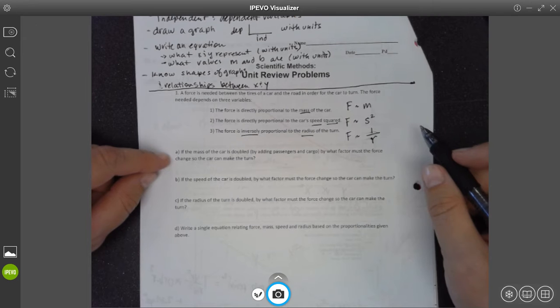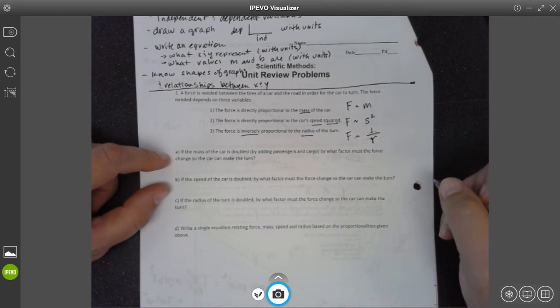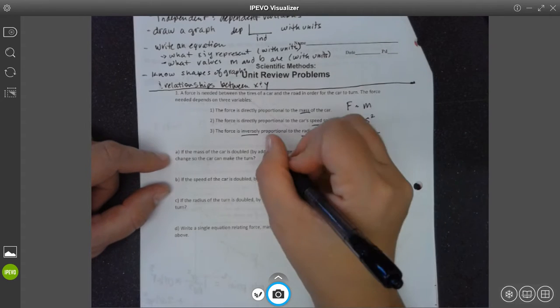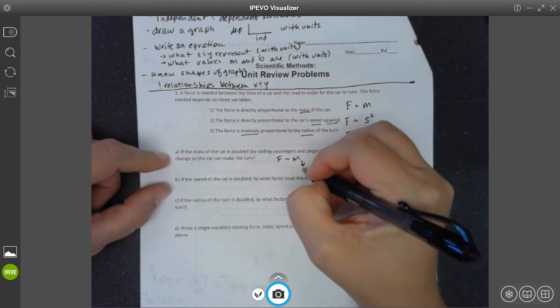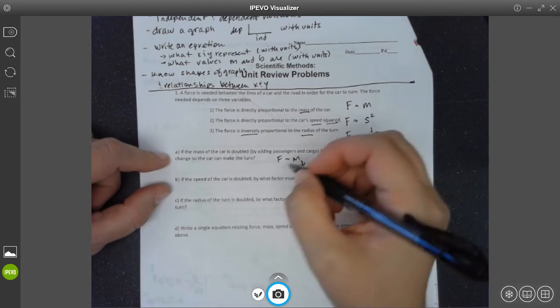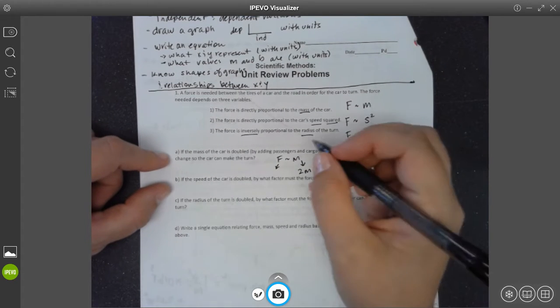So part A says, if the mass of the car is doubled by adding passengers and cargo, by what factor must the force change so the car can make the turn? So if we know that force is proportional to mass, and we're going to double our mass, that means we're also going to have to change this other side so that the proportion stays the same.